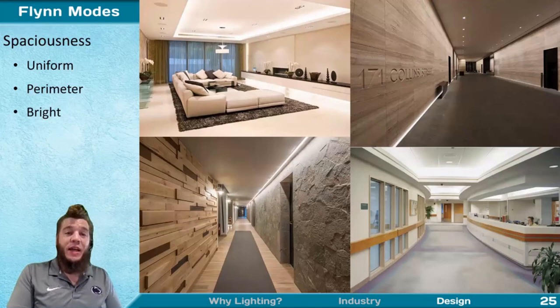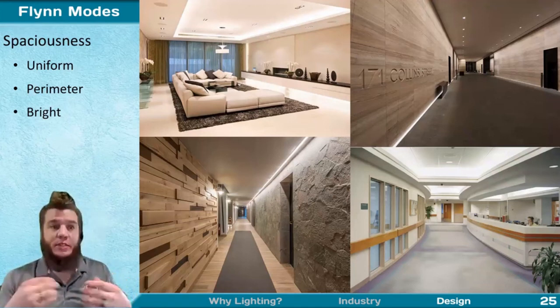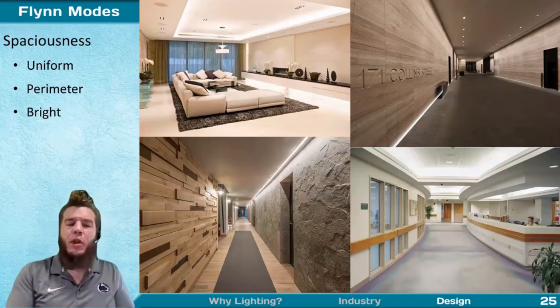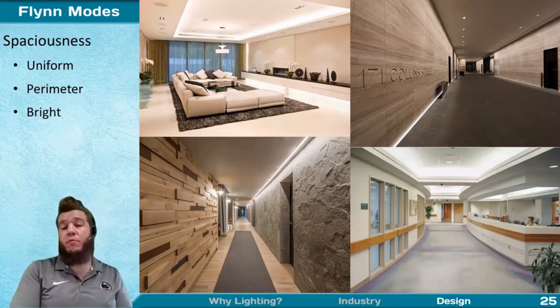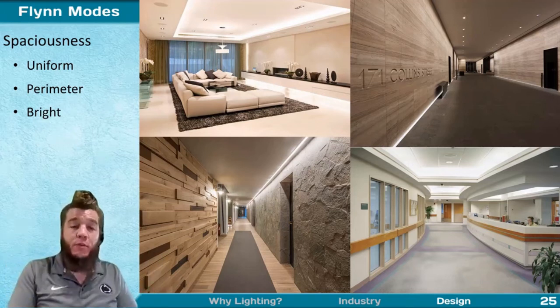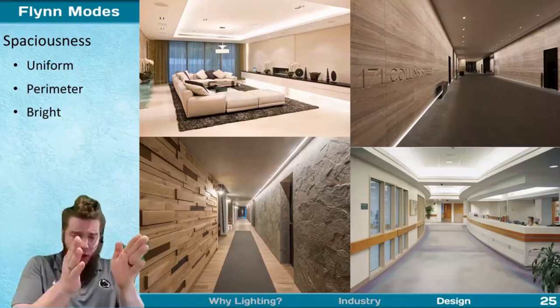Going the exact opposite direction, spaciousness. So spaciousness is really reinforced by that perimeter light, but also by uniform light. So you want bright, uniform perimeter light to really open up a space. And I really like this hallway here. So this is a long, narrow hallway.